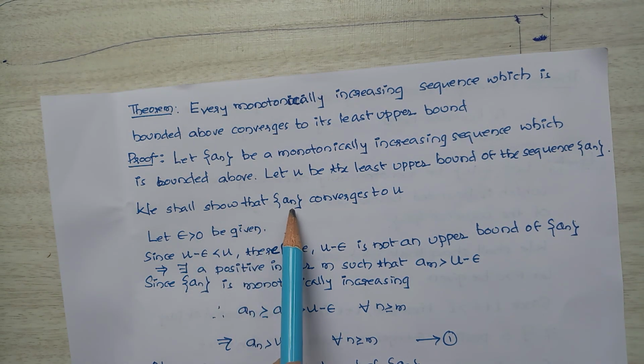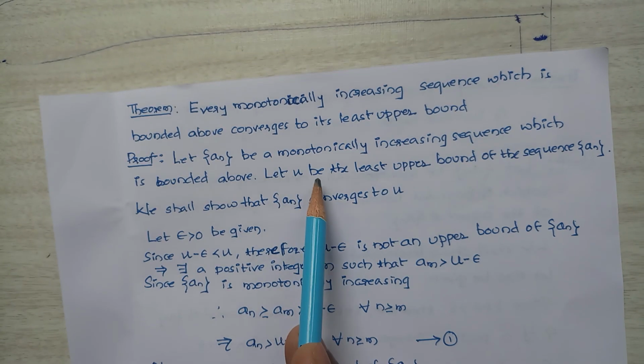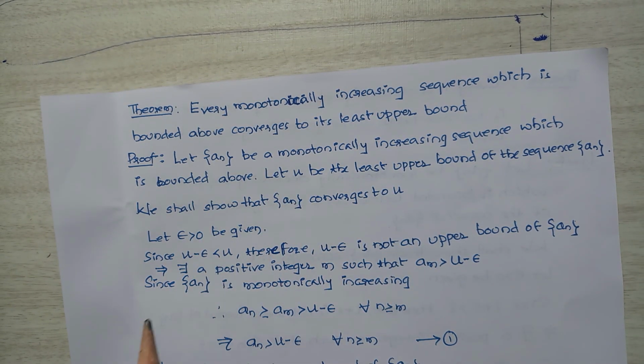And we shall show that a_n converges to U, because here we are taking U as the least upper bound of the monotonically increasing sequence which is bounded above. Using the definition, let epsilon greater than 0 be given.